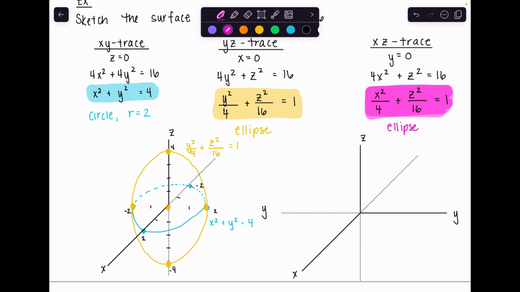And in this distorted again perception, I'm going to go ahead and draw an ellipse. Center is at the origin. In the x direction, I go a distance of 2. And then in the y direction, I go a distance of 4. And then I'm getting an ellipse that is on this angle that I'm looking at. So this is the front of the ellipse, and then we'll do a dotted to draw the back.